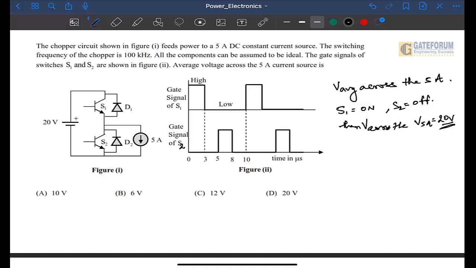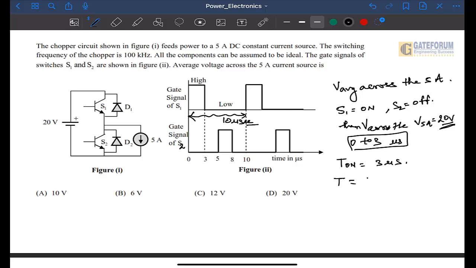So S1 is on for 0 to 3 microsecond. That means T on for S1 is 3 microsecond. The total time period for S1 is 10 microsecond.